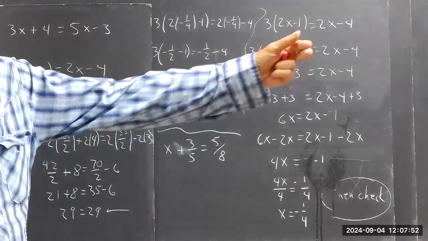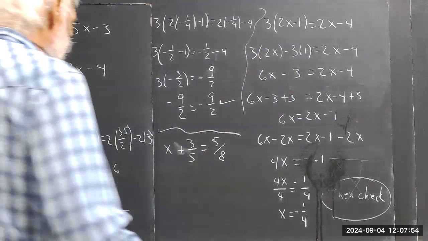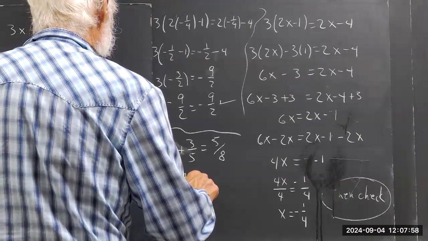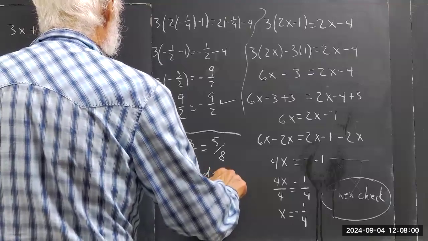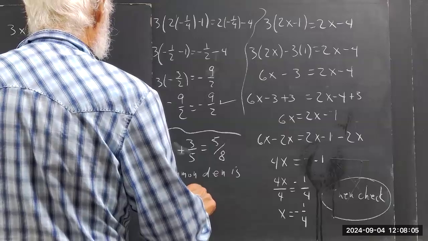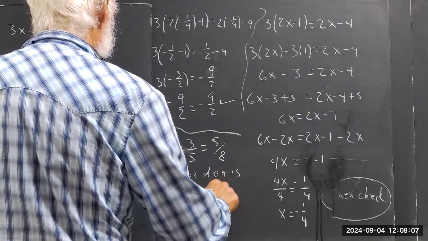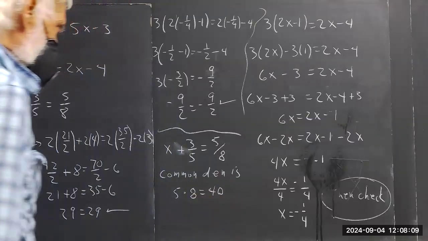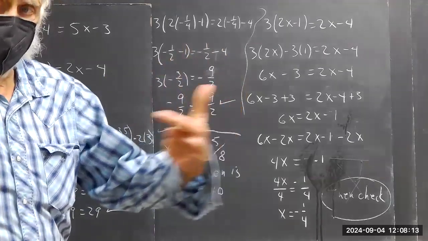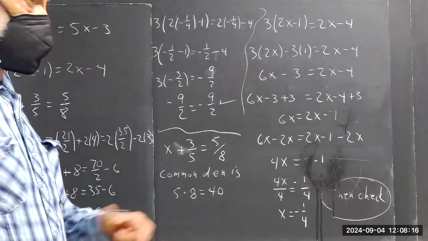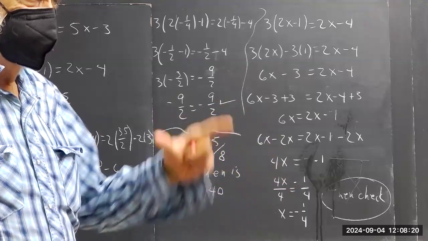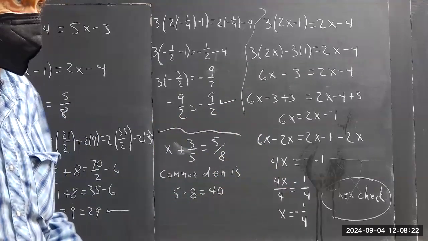You'll end up with no more fractions. Now, usually you want to use the least common denominator just because it keeps your numbers more manageable. But any common denominator will actually do. Still, try to use the least common denominator. It's less work.